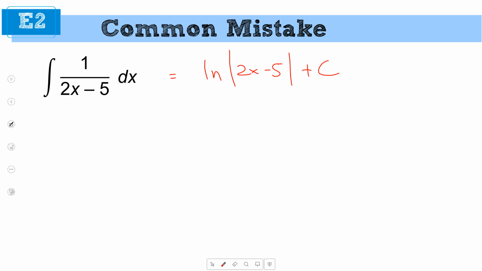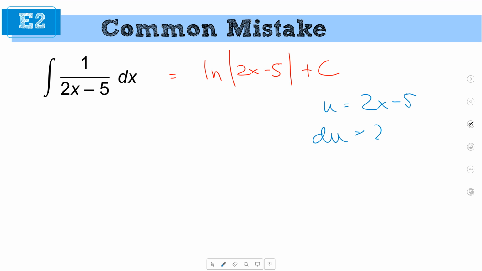Okay. This has to be done as a u-du problem. Because again, no chain rule, no quotient rule, no product rule in integrals. And as Greta alluded to, if I take the derivative of the right-hand side, I'm not going to get the left-hand side. Because u prime over u, that would make that 1 a 2, not just a 1. So what I actually needed to do is say u is equal to 2x minus 5.